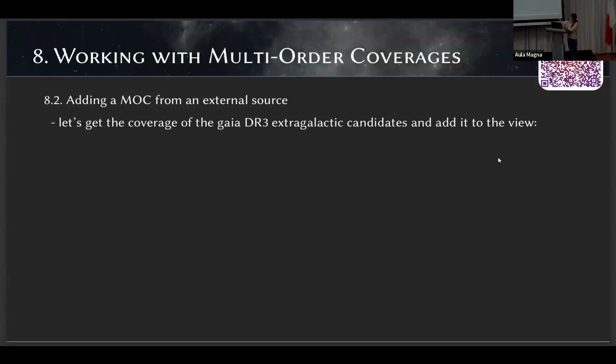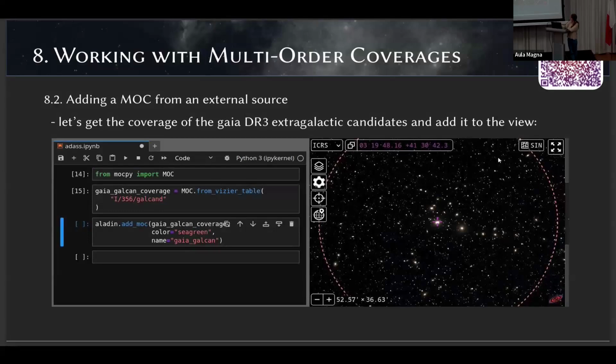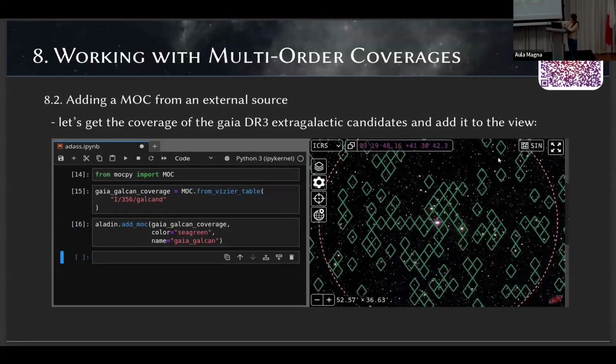To do that, I'm using MOCPy, the library that is an affiliated AstroPy package, and that allows to manipulate MOCs. Here I'm getting the MOC, so the coverage of a VizieR catalog that has galactic candidates and extragalactic candidates, and I'm putting this coverage into the view with the add_moc method of the object. So here it is.